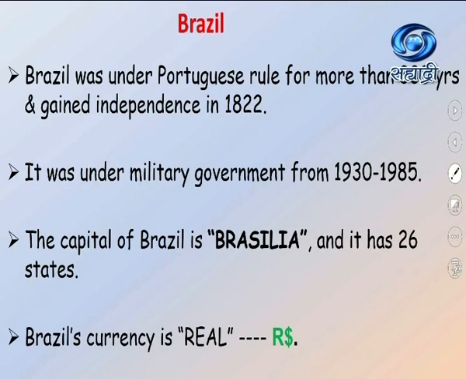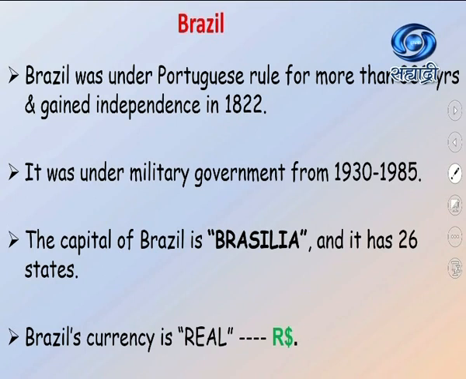Brazil was under Portuguese rule for more than 300 years and gained independence in 1822. It was under military government from 1930 to 1985. The capital of Brazil is Brasilia, and it has 26 states.